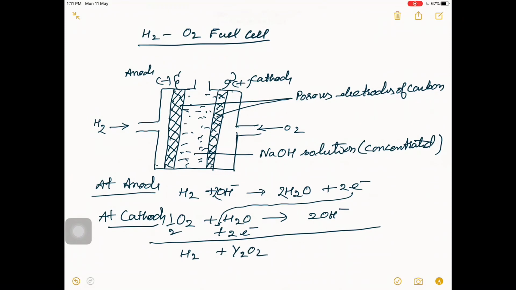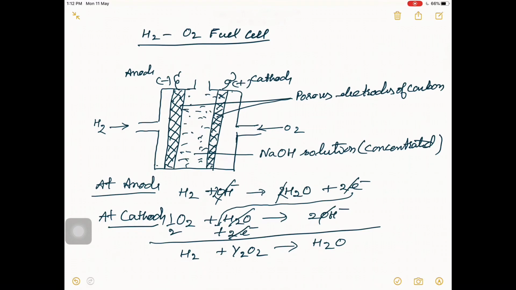Now if we sum both half cell reactions, the net reaction will be H2 plus half O2, and electrons will cancel because they are present on both sides, and the hydroxyl ion will also cancel.